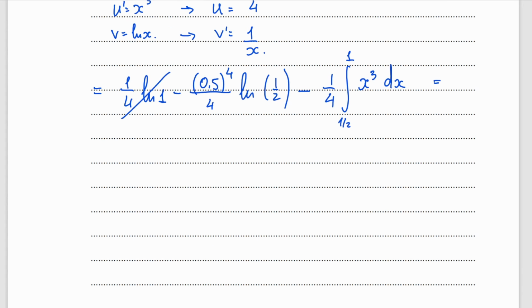Now we know that log 1 is 0, and it has to be the exact area, so that means I'm not going to substitute log 1 over 2 into the calculator. Instead, I will do 1 over 4. 0.5 to the power of 4 would be 1 over 16.